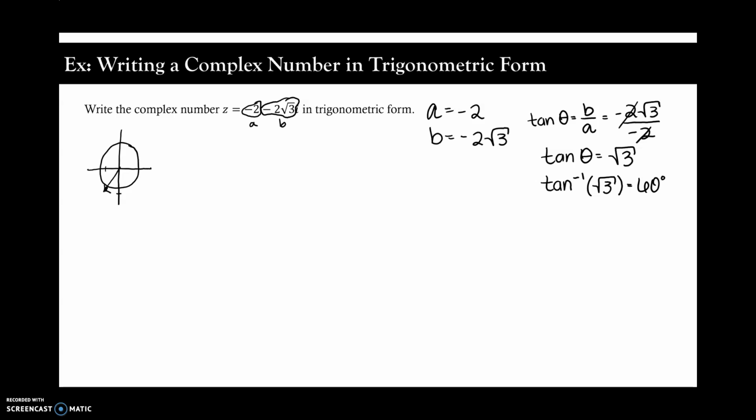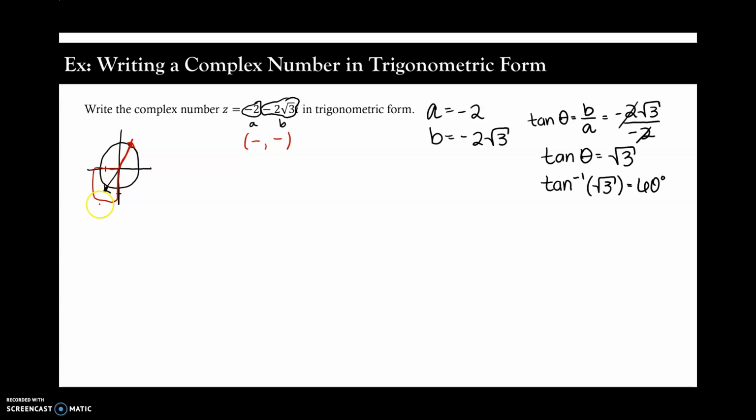But notice that when we go over to our circle, 60 degrees is right here. That is not at all in the correct quadrant, because notice our A and B are both negative, so they're going to be in this quadrant somewhere.